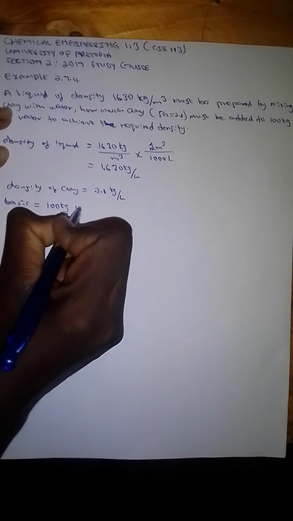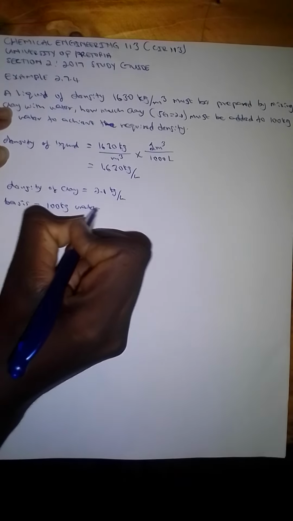Now that we have this information, the next thing we need to do is choose a basis, and we're going to be using a basis of 100 kilograms of water.